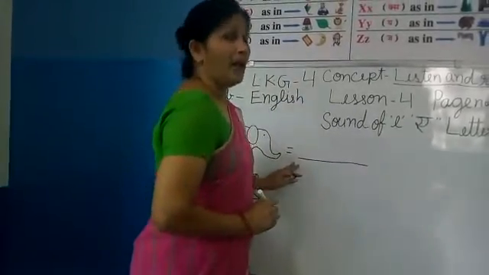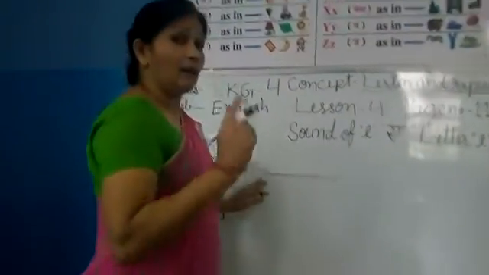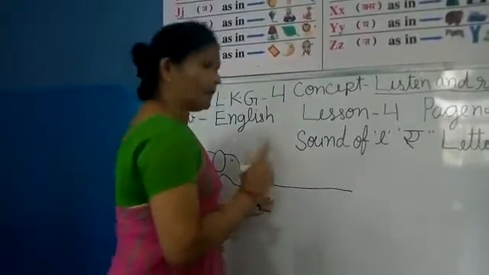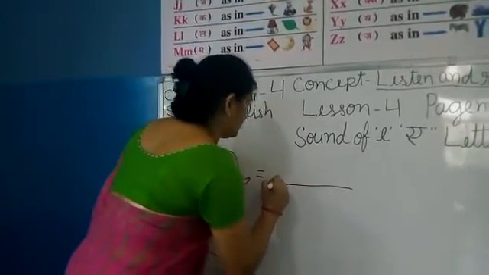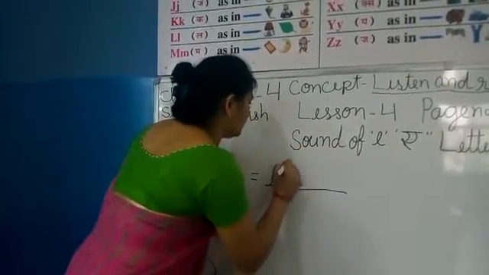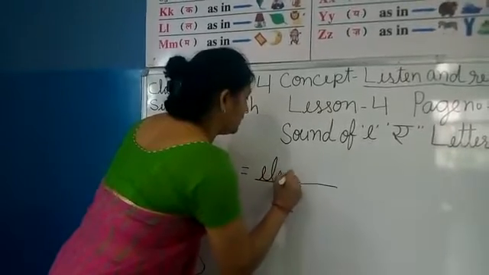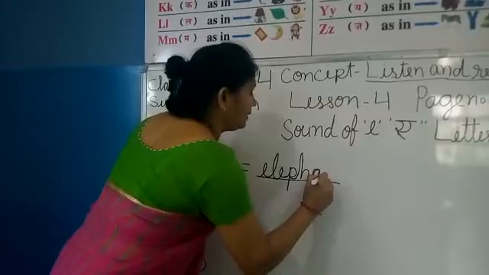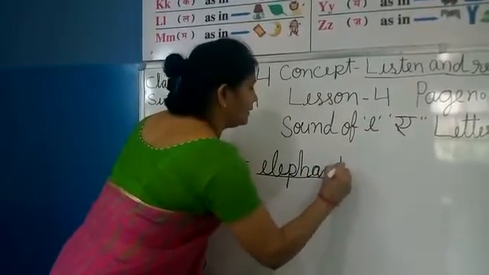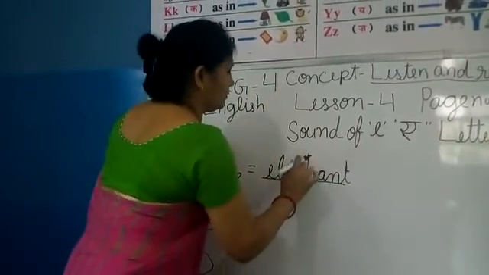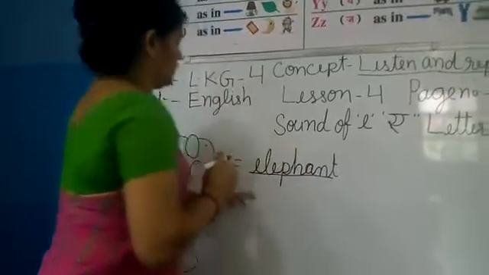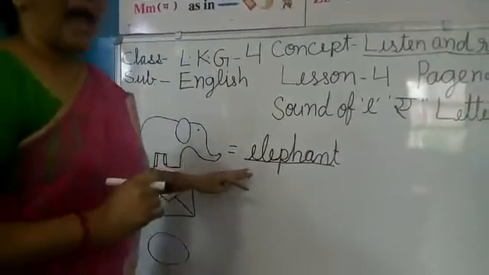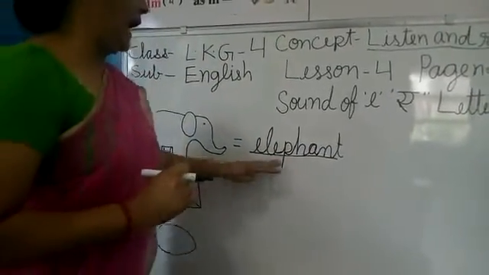Write here elephant in small letters. E, L, E, P, H, A and T. So elephant.